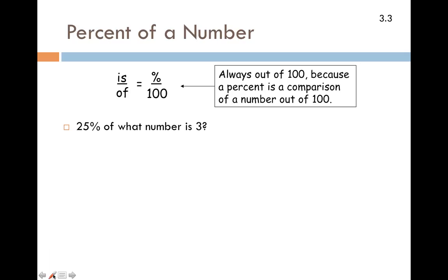Okay, so let's say we had something like 250% of what number is 160?